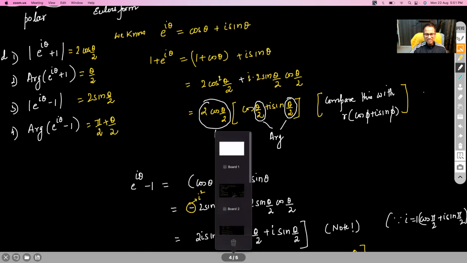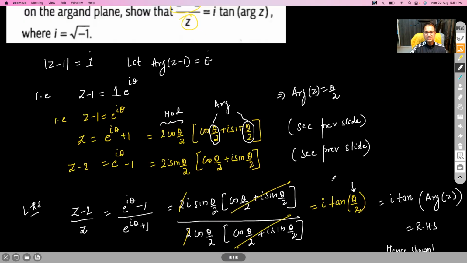Because of this result, and in fact I have written it on that slide as well, this is the modulus. If you compare it with r(cos phi + i sin phi), that means if you compare this with the polar form, then your 2 cos(theta/2) is the modulus and theta by 2 is the argument. So hence the argument of z here, this is my z, which is this expression, will be theta by 2. Is it fine? Okay. Yes.